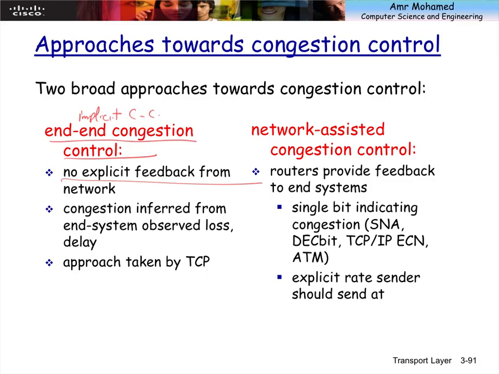IP, as a network layer protocol, has an explicit congestion notification. If you remember from Network 1, for those who studied it before, we talked about the IP packet structure. In IP, there is a field called differentiated services.